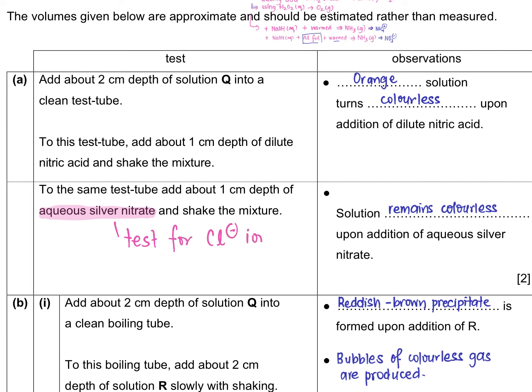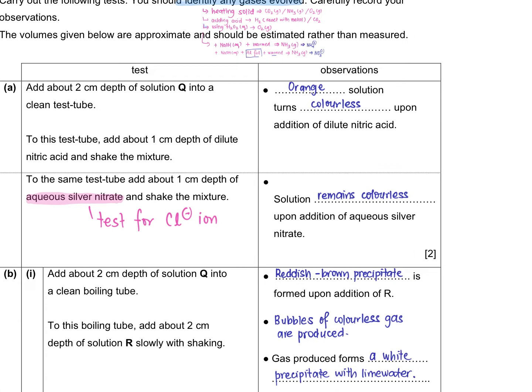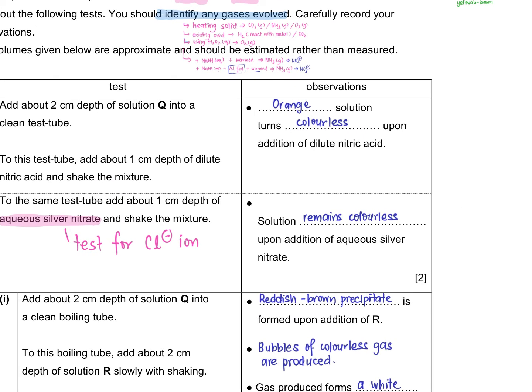If you have a positive test, you should get a white PPT, right? Do you see a white PPT form here? No. So what do you conclude? Is chloride ion present? No. Okay, so this is what I meant by negative test. This particular test result tells you that your chloride ion is not present because you don't see the formation of a white PPT.